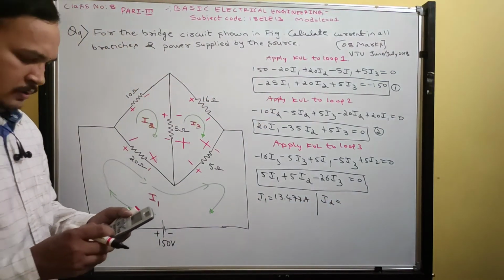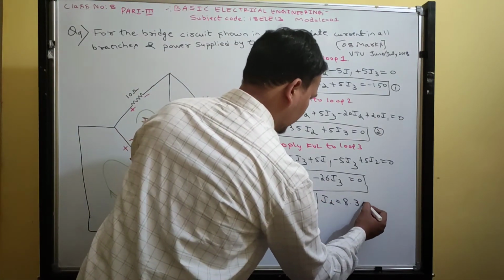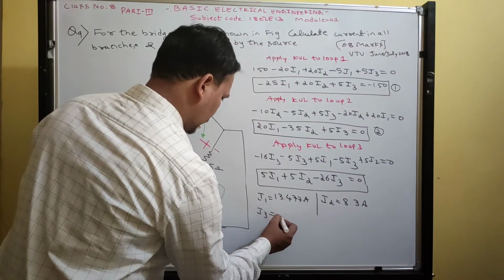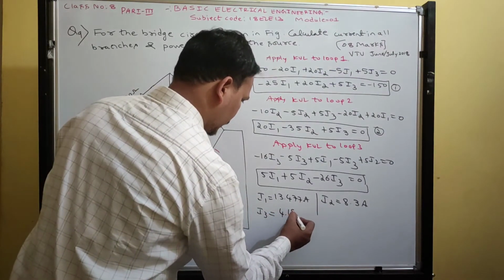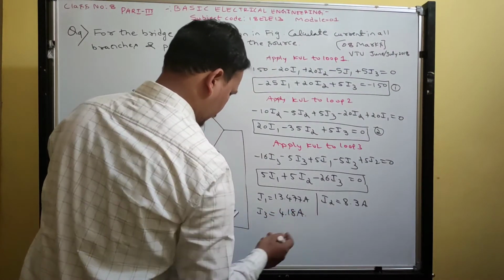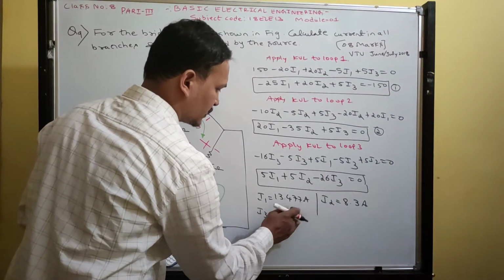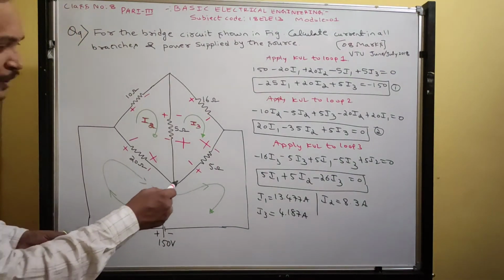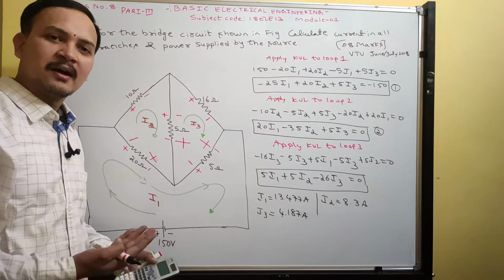I2 is 8.299, which I will round up to 8.3. And I3 will be 4.187 amperes. I got all the currents positive. What it indicates is that all my assumed directions are correct.